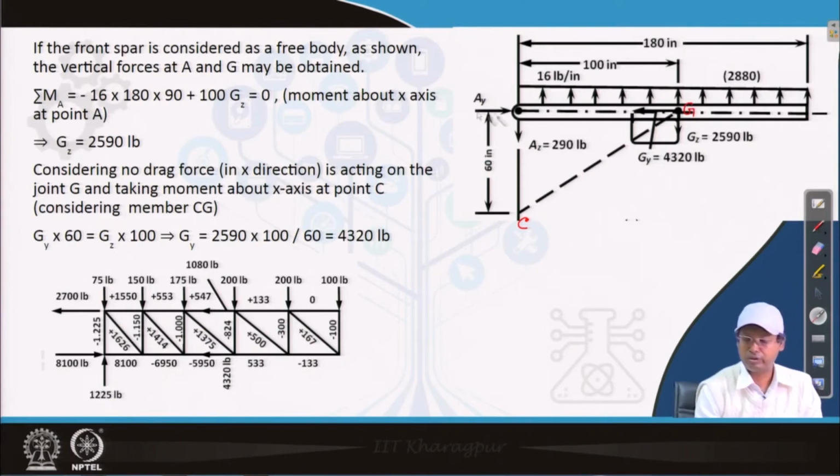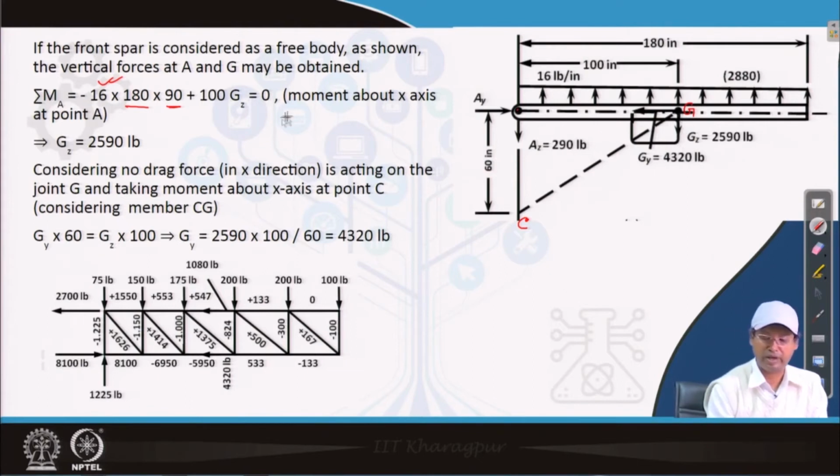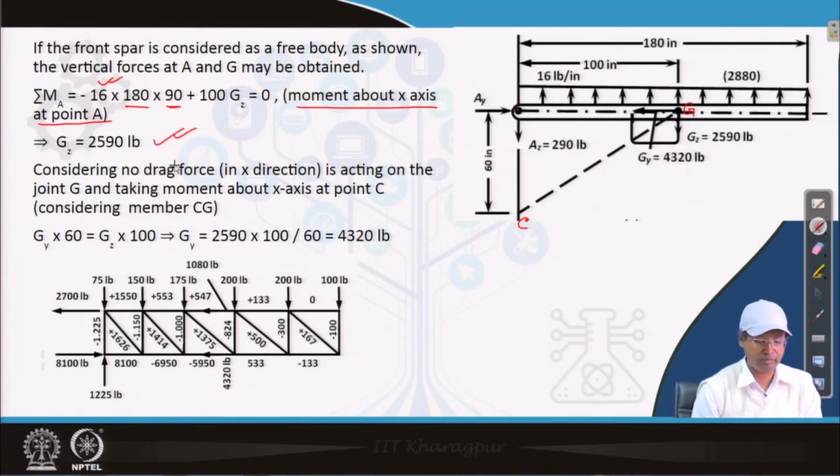16 into the total load coming, considering this member, we are taking moment about point A. So, this 180, the C G is at 90 distance, 16 is the uniformly distributed load, and the vertical load at G is acting there, that is the support. From that, taking moment about the x axis at point A, we get the load in C G as 2590 pound.